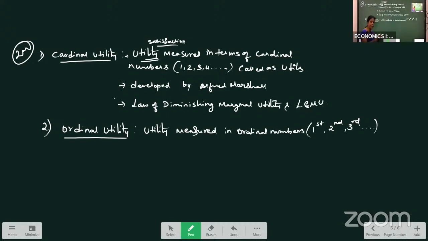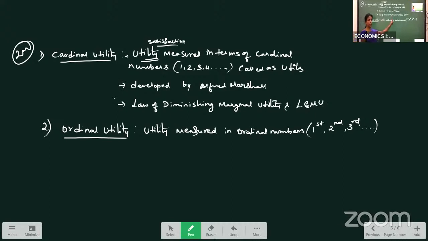The first product gives me more satisfaction, the second one gives me less, the third one gives me very little. So we are comparing, based on our scale of preference, and we say the first one is giving more satisfaction, the second one less.